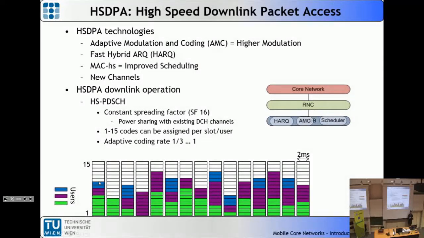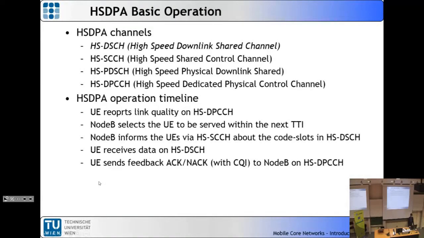So we can actually start to be a bit more flexible in the data service that we offer to the users itself. This would be quite an extensive list of new channels that have been introduced, but I think I will leave them in the slides and not stress you with that too much.